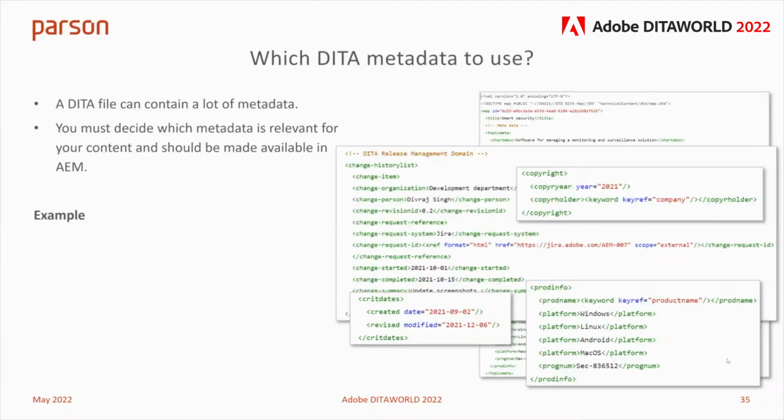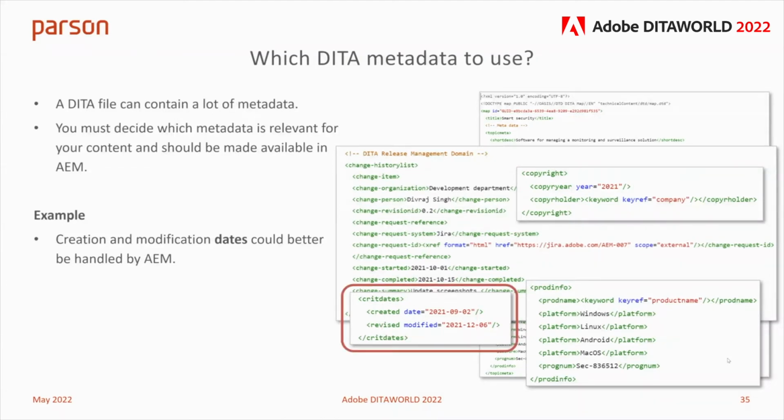In this case, the creation and modification dates probably could better be handled by AEM, because there's already a lot of metadata available that tracks modification dates and creation dates in the workflow.